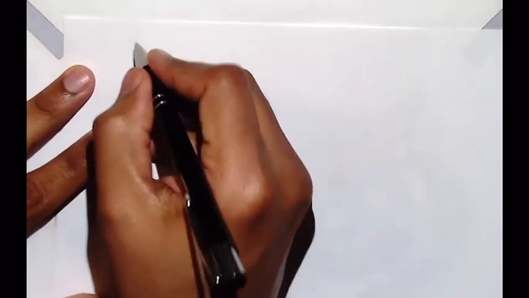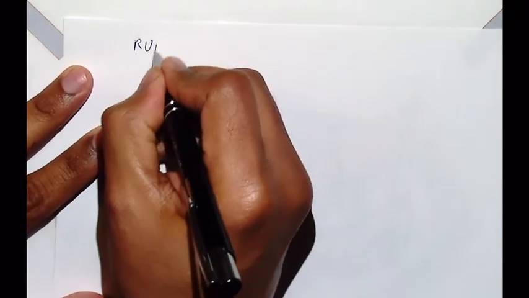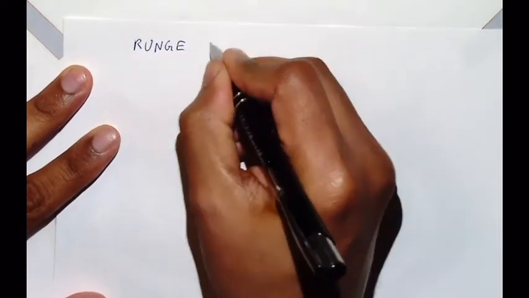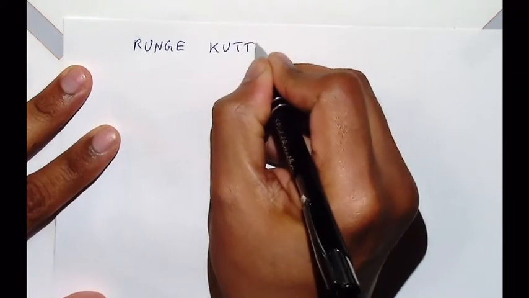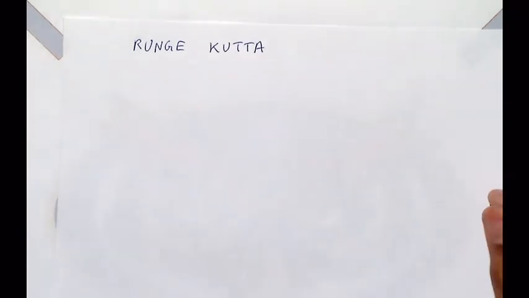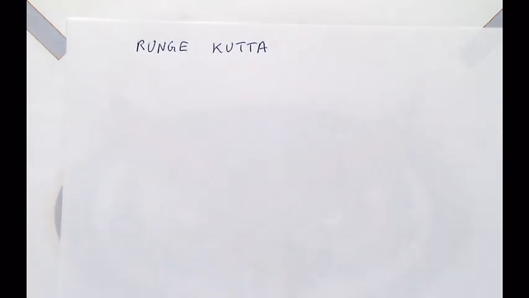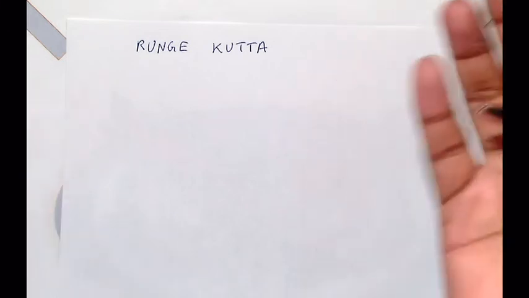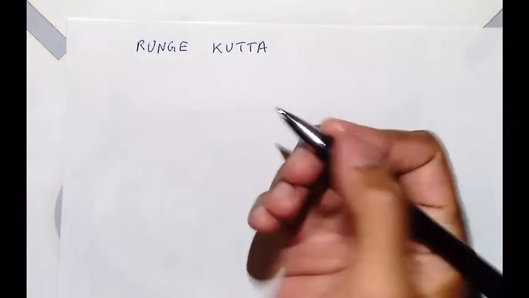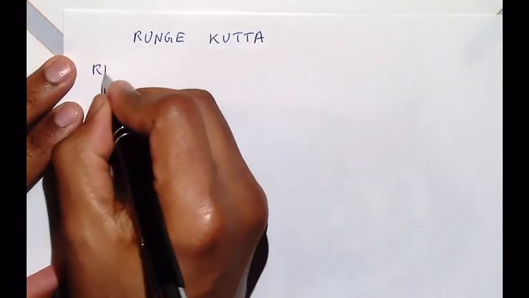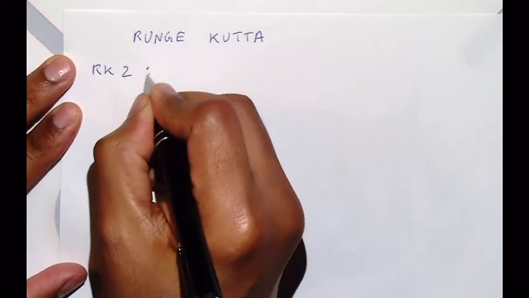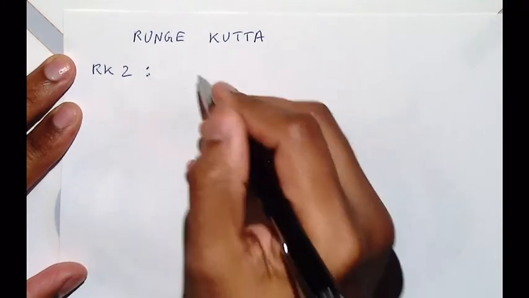Okay, so what are Runge-Kutta methods? The way you spell it is Runge-Kutta. These methods do something very similar. And if you look at RK2, that's Runge-Kutta's second order, this is the formula you will find everywhere.